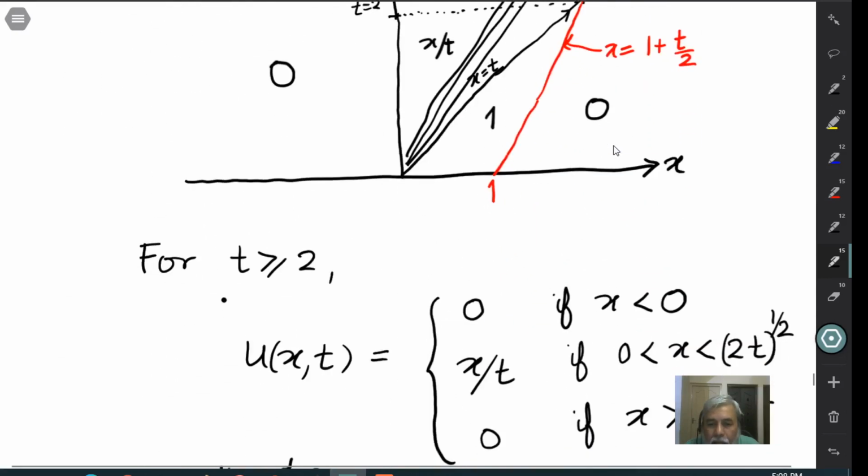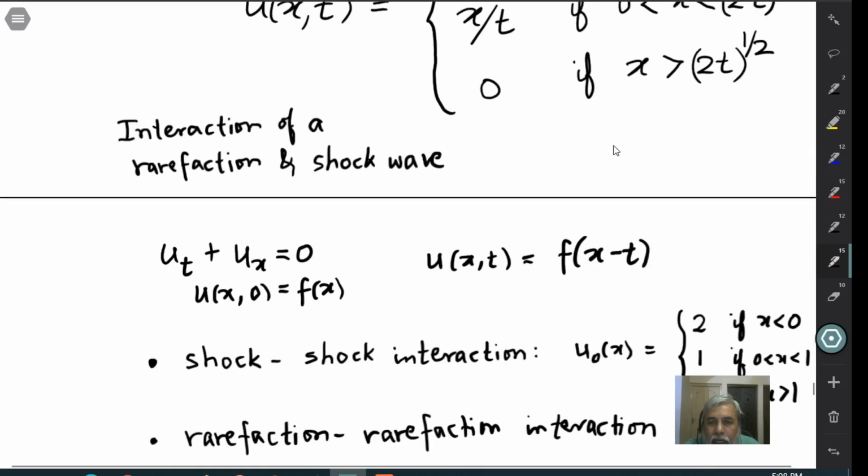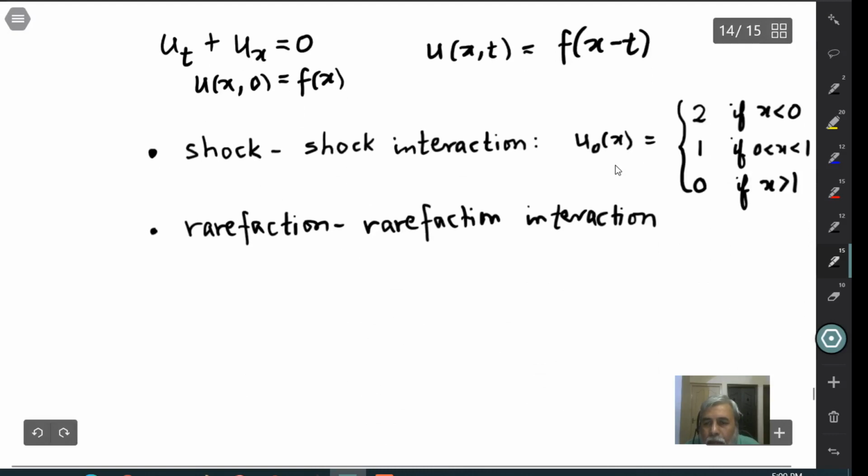So when we discuss this Lax-Oleinik formula, maybe in the next class, you will not see any of these interactions in that solution. It's for a general bounded initial data.